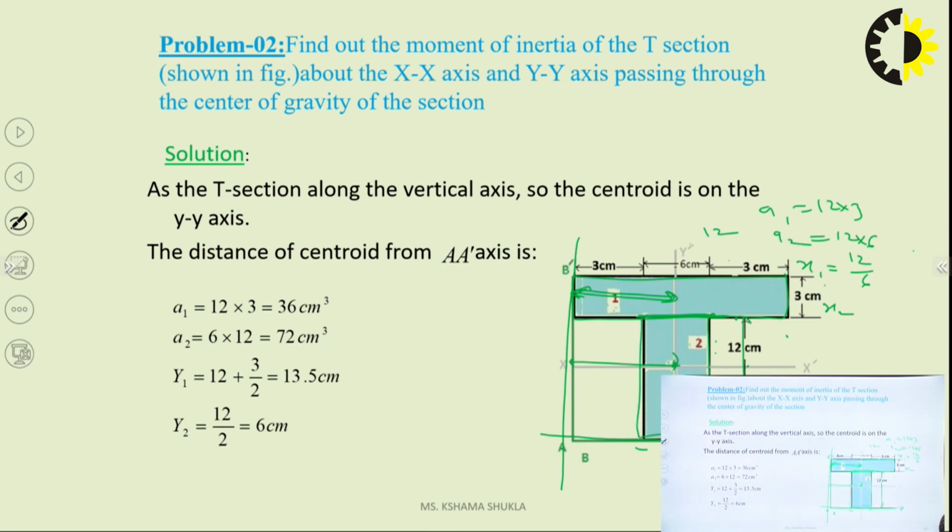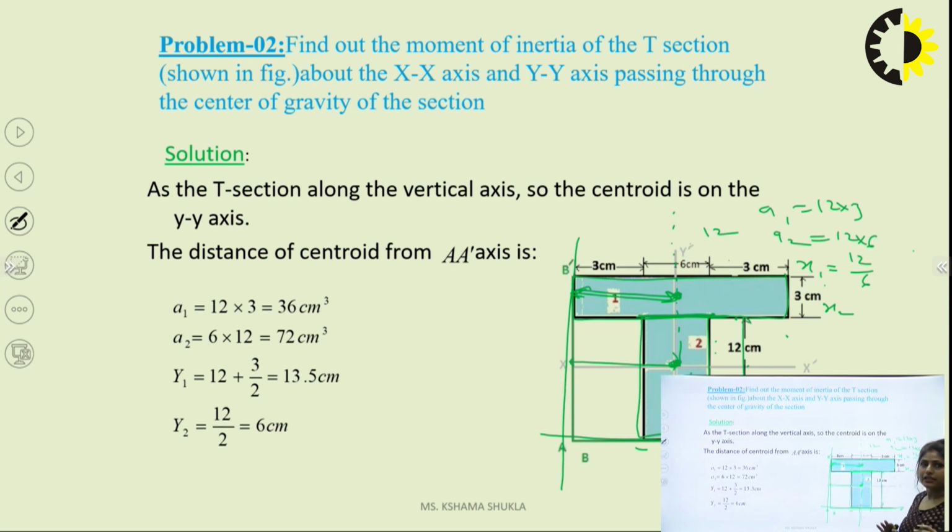If I need to find the CG of this, I know that all the CGs lie in the centers. If I find the center of this, it will lie here. If I find the center of this, it will lie here. For the first, it will lie here. For the second, it will lie here. If these are the centers, now I'll make a line. I cross a line, and I see that it will pass through both the sections.